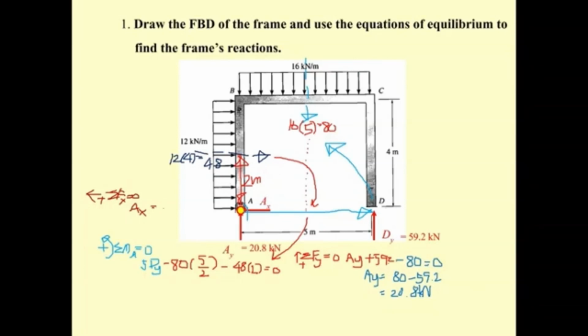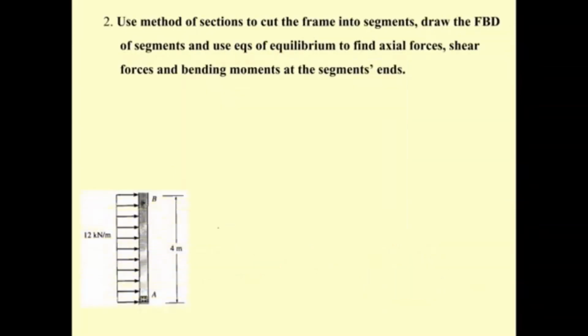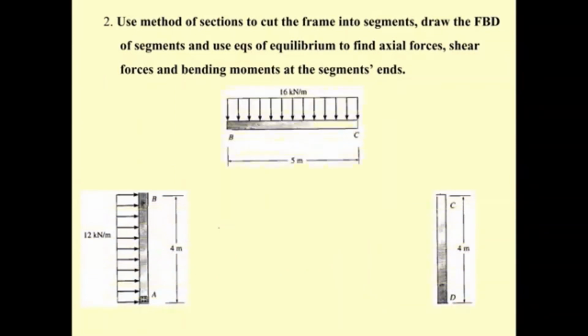So A sub x is going to be 48 kilonewton. Okay, and then all the forces are in equilibrium. And after we determine the reaction, next step we're going to separate the frame into 3 parts: 1 part, 2 part, and 3 part. And we put the reaction that we have into the support at A and at D.